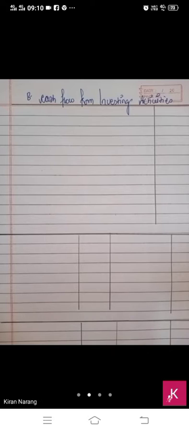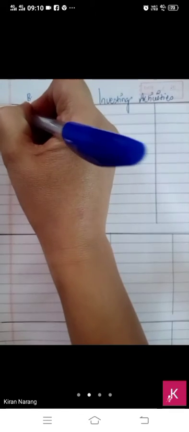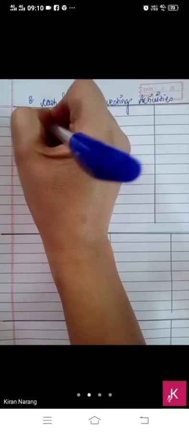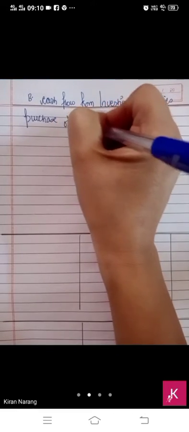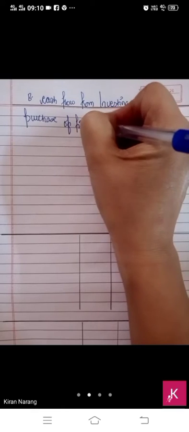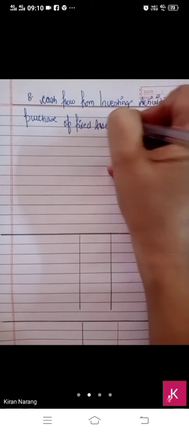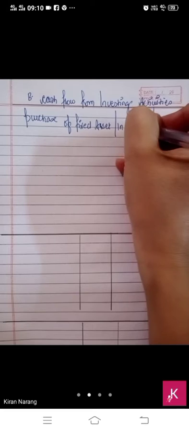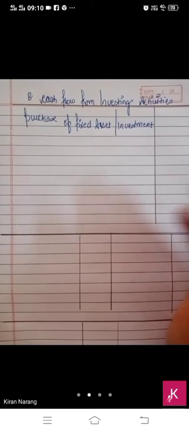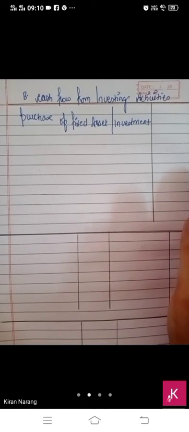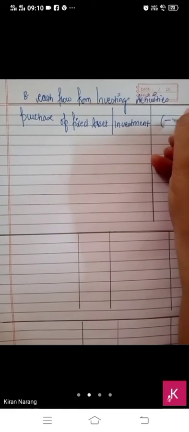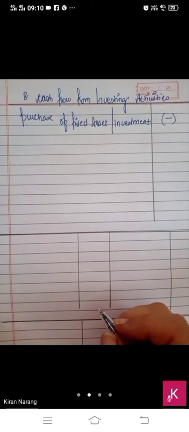So major things which are included here are purchase of fixed asset or investment, long term investment only. Okay, if we have purchased fixed asset or investment, cash gone out, this is called cash outflow.